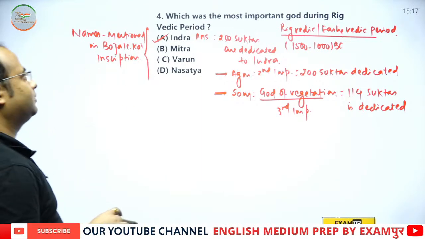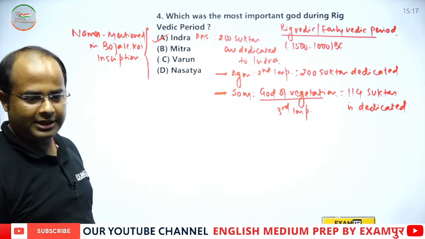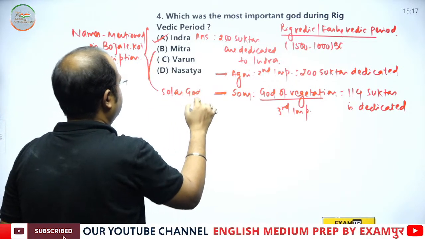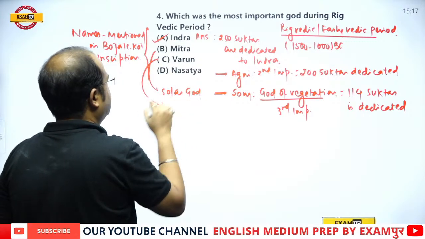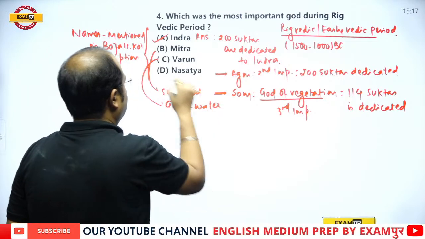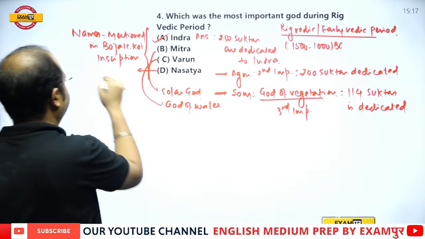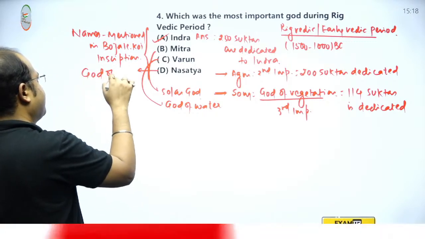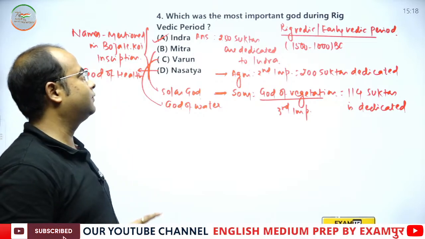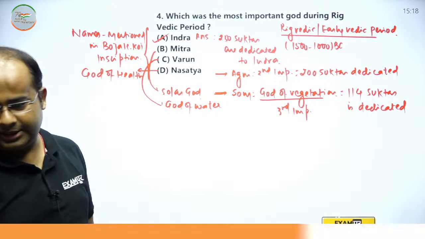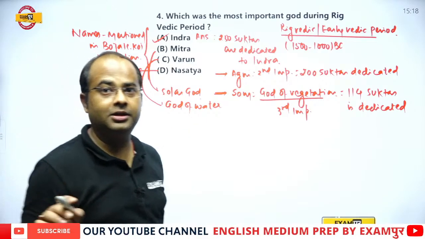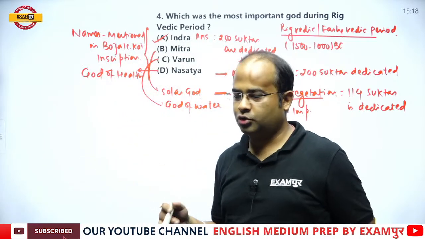So the correct answer will be, guys, option A, that is Indra. Mitra is the solar god, Varun is the god of water, and Nasatya is the god of health. Indra has 250 suktas dedicated to him, and another name of Indra is Purandar, that means destroyer of the fort.